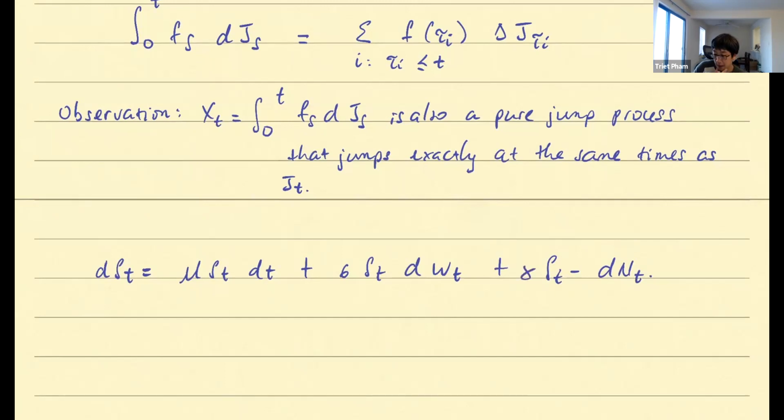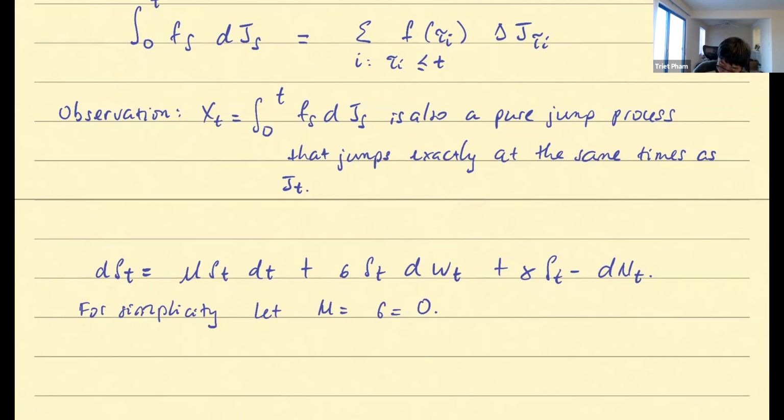Let us investigate this one by one. First, let us make it simple by ignoring mu and sigma. Let's just purely investigate this.